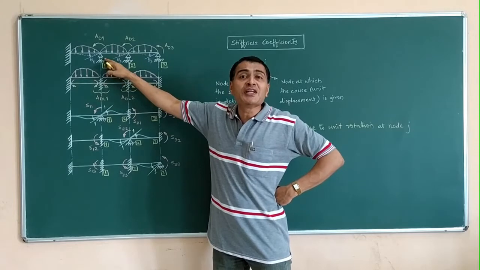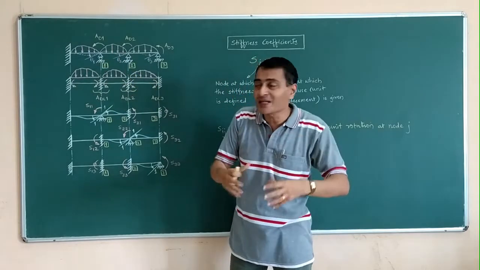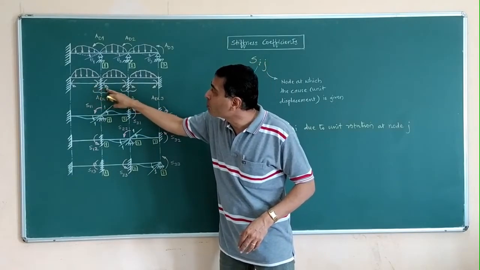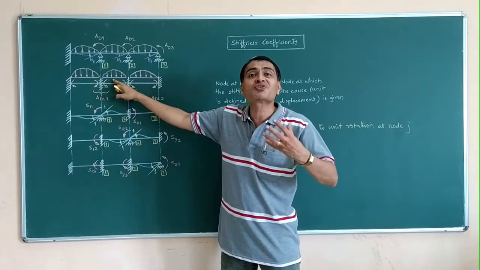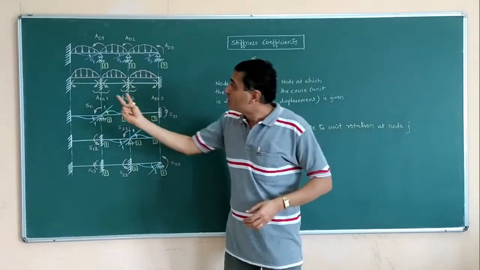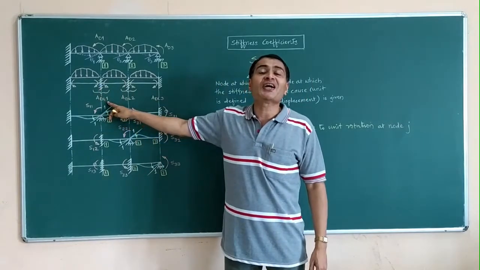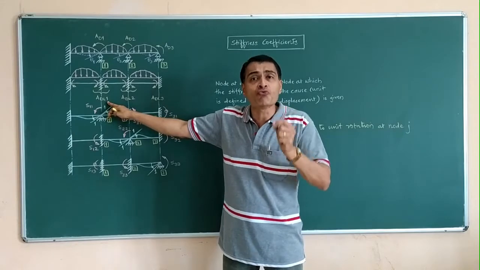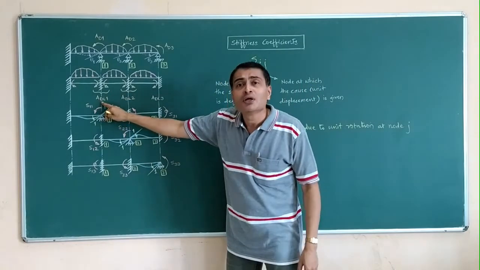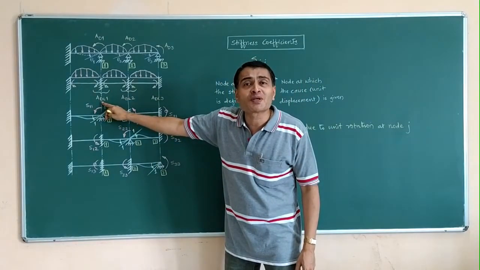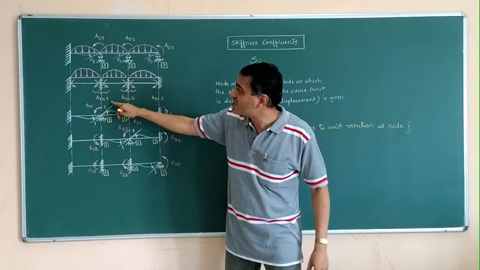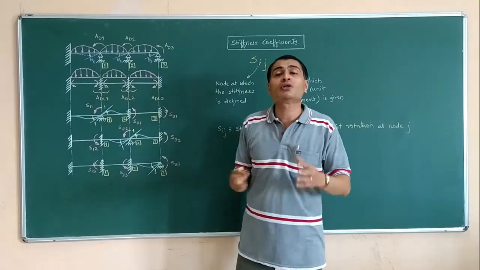This interior roller support I have replaced by fixed support, and then I am finding these couple movements generated due to the span loading, what we usually call as fixed end movements. These I am denoting as ADL at node 1, that is ADL1. It is the action corresponding to unknown joint displacement theta 1 due to loads on the span, and this is happening at node 1, so it is ADL1.